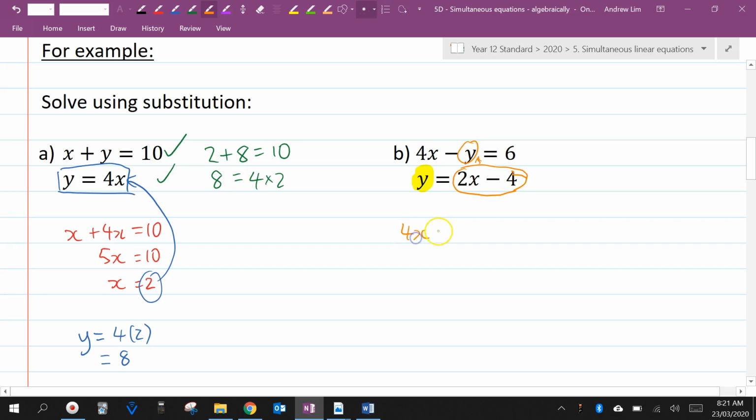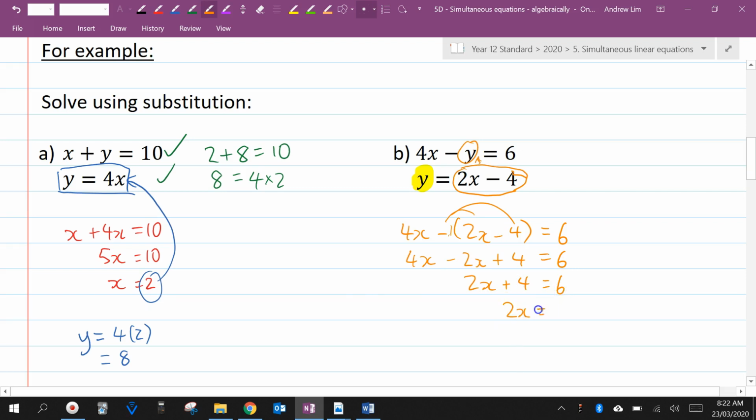So we have 4x minus all of that is equal to 6. We'll just expand the brackets, just imagine there's an imaginary 1 out there. So technically we've got 4x minus 2x plus 4 is equal to 6, because minus 1 times minus 4 is positive 4. 4x minus 2x is 2x.